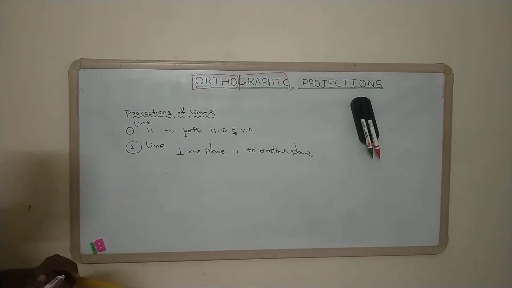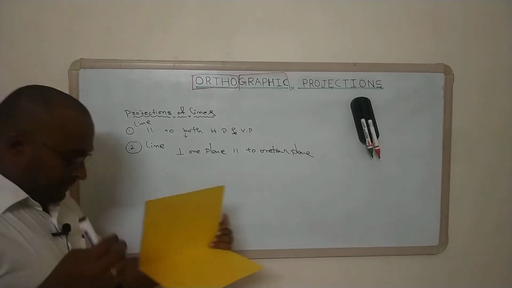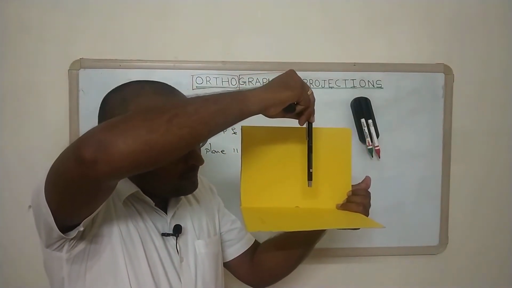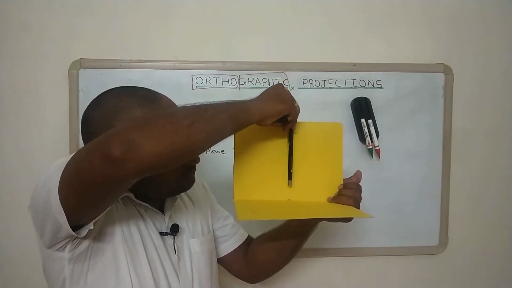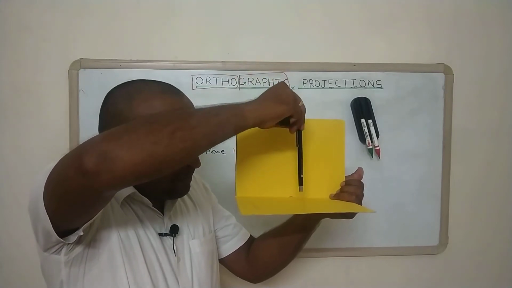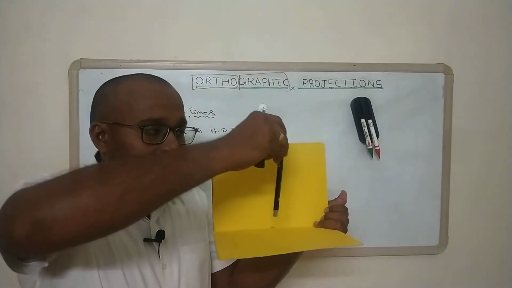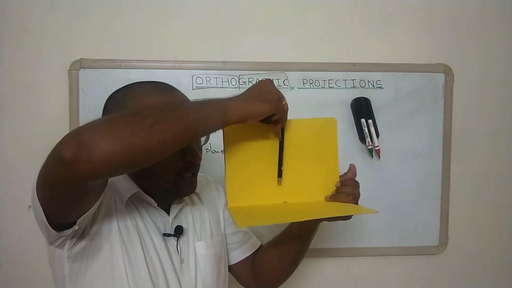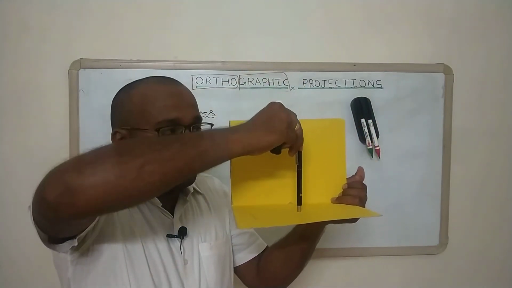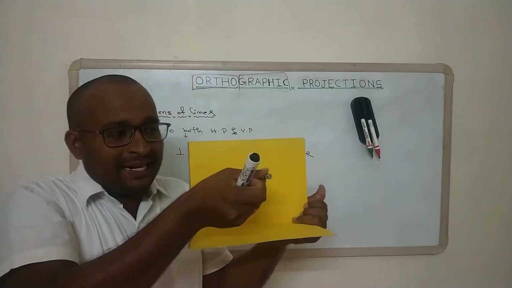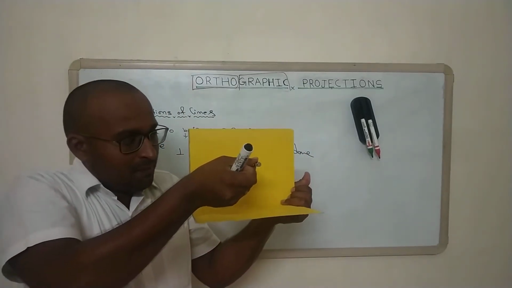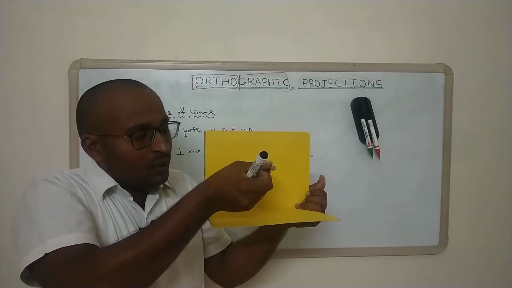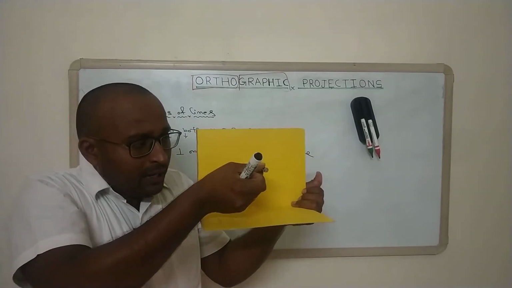This is the way we place a line parallel to one plane and perpendicular to another plane. The condition is: the line is parallel to the VP and perpendicular to the HP, or the line is parallel to the HP and perpendicular to the VP.